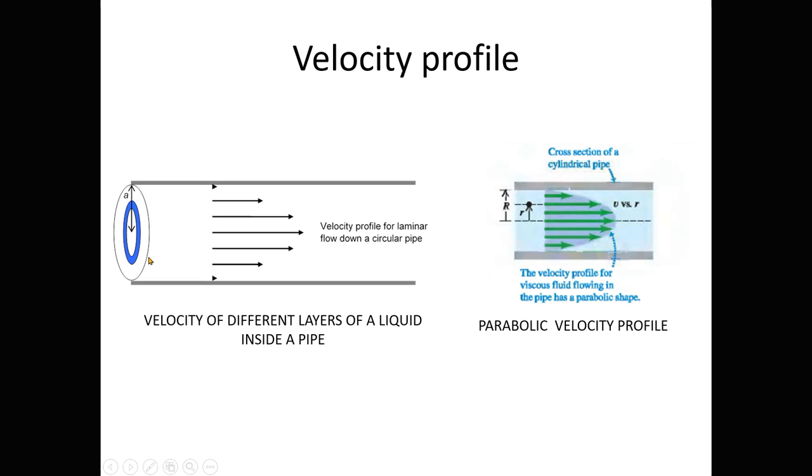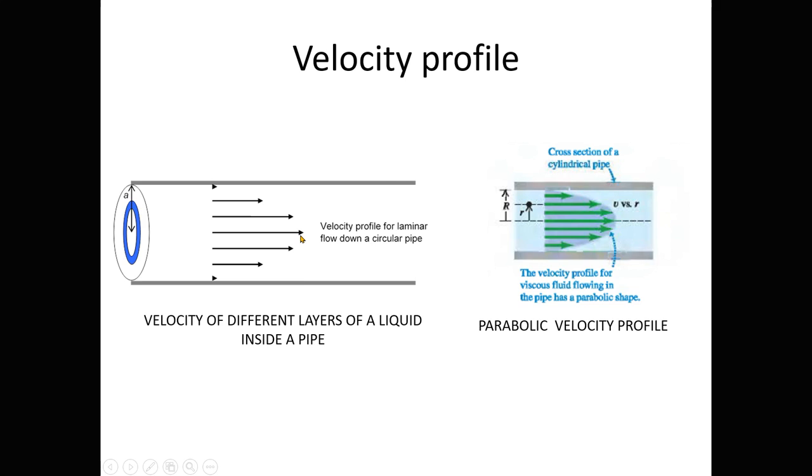With the change of radius, at this point the radius is 0, and at this point the radius is maximum. So this is a variable quantity. Radius increases along this direction, and velocity changes along this direction. Velocity changes along the horizontal direction and radius changes along the vertical direction.